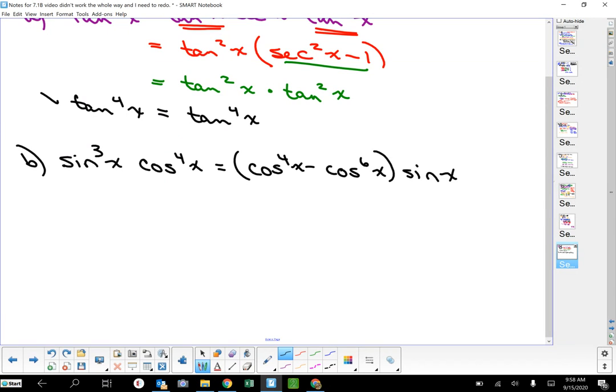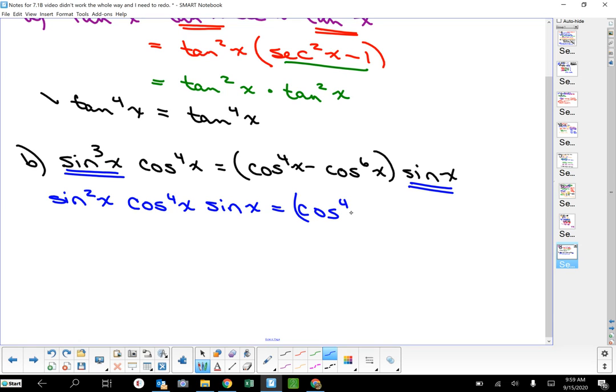All right, so let where you're going guide you. We're going to deal with our left-hand side and try to make it look like the right-hand side. Well, I have this sine cubed sitting out here. So what I'm going to do is separate this into sine squared and another sine and just stick it on the back side so that it looks a little bit like what we're doing here.